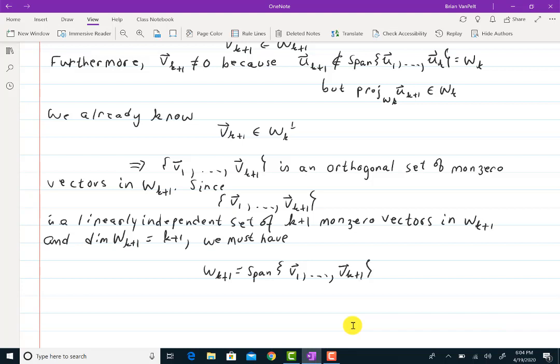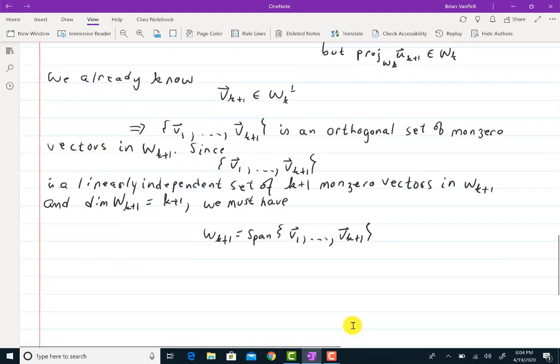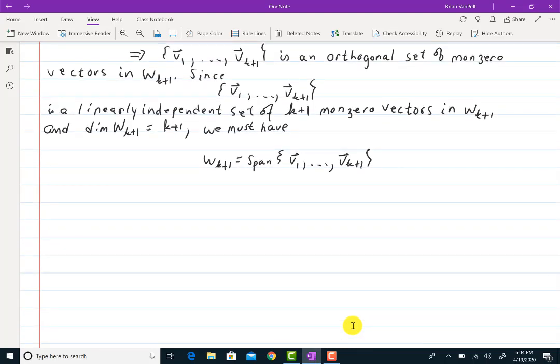That finishes off the induction proof. And so when you get to k plus 1 equals p, you're done.